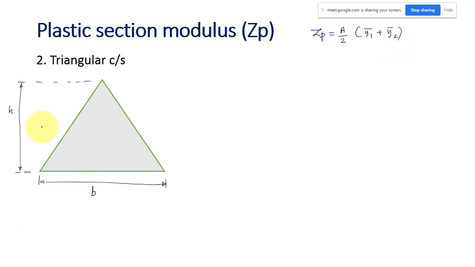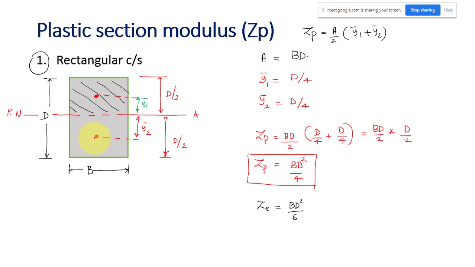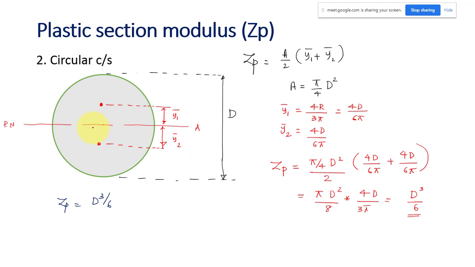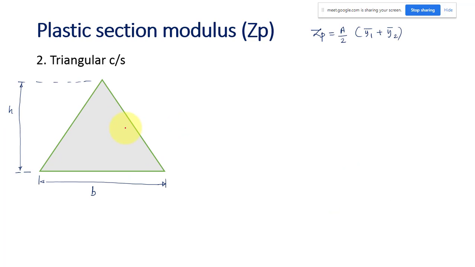Now we have to locate the plastic neutral axis. The condition is that the area above and the area below should be the same. In the previous two sections your elastic neutral axis and plastic neutral axis were the same, but here it is not going to be the same. Let us say the plastic neutral axis is maybe somewhere here.